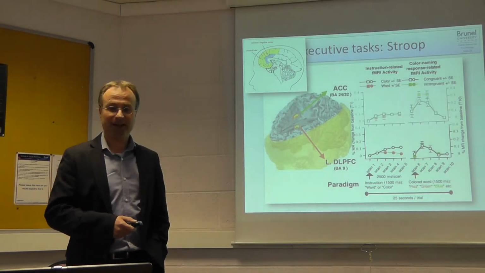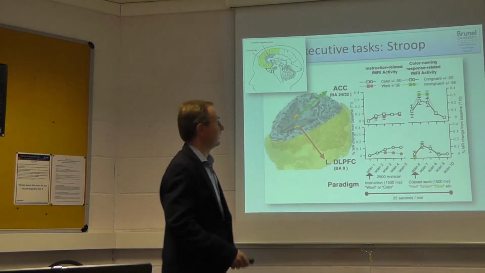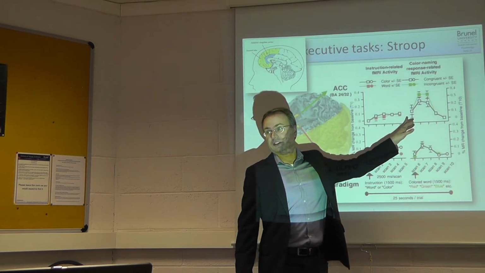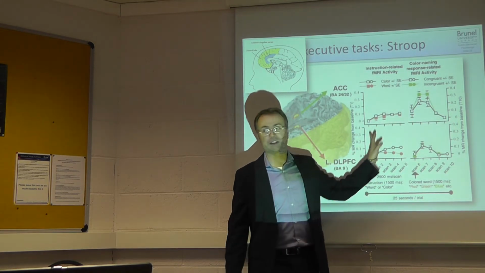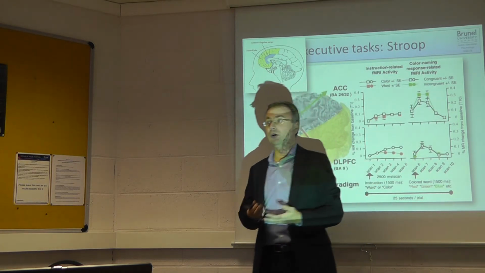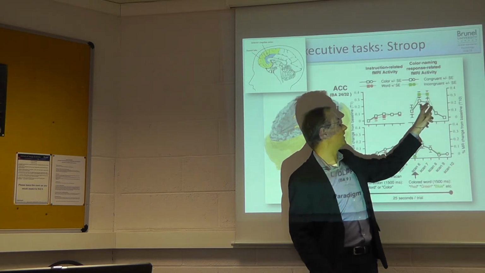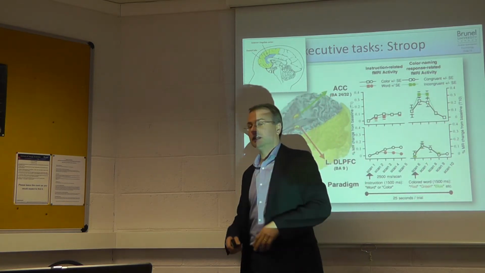Now, as you may expect, anterior cingulate cortex shows the exact opposite pattern. It does not respond to the cue, what is coming up, easy or difficult, but it responds to the actual word itself. When it's incongruent, in green, activity is higher than when it is congruent.